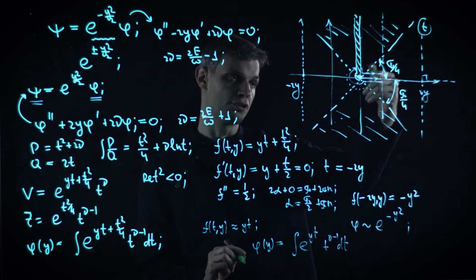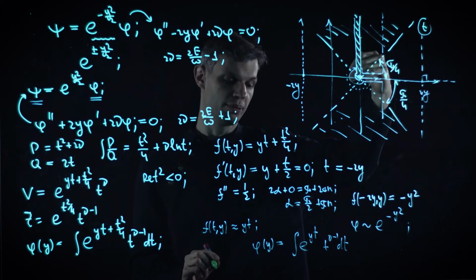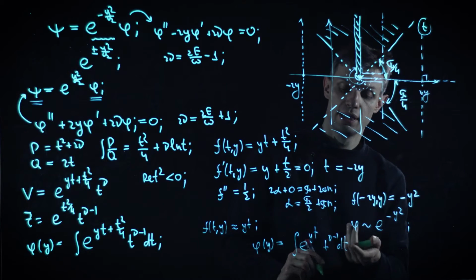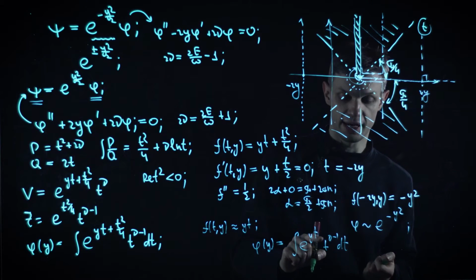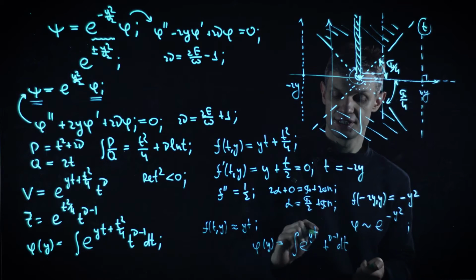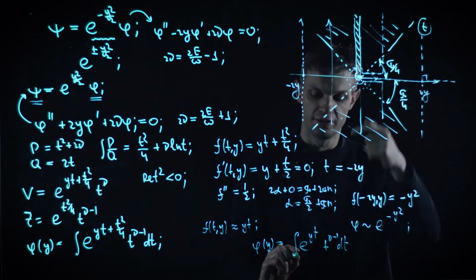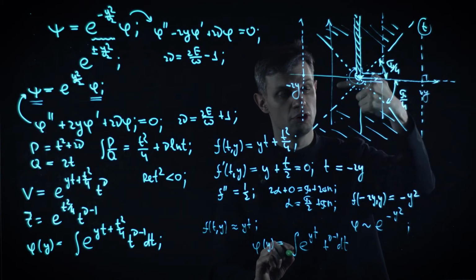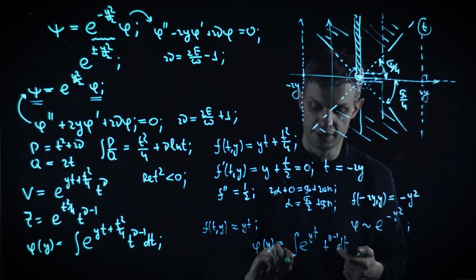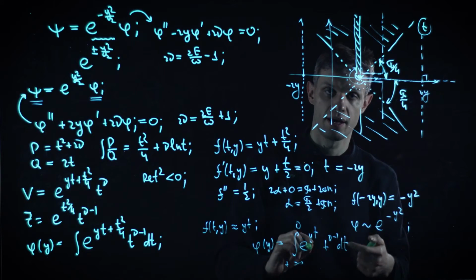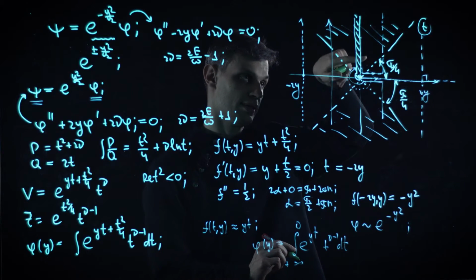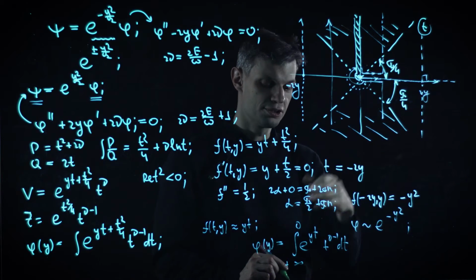And there are two major contributions, from the lower branch and from the upper branch. Here y is negative. So it's a gamma function type integral, because when we slide along the lower bank of this contour, it is taken from plus infinity to 0. And when we slide along the upper bank, it goes from 0 to plus infinity.